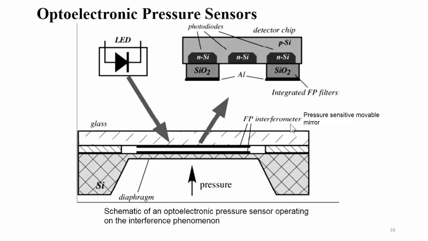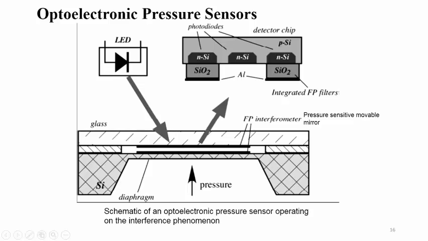In this diagram we can see at the bottom the assembly, which consists of the silicon diaphragm connected to the Fabry-Perot interferometer, also attached to the pressure sensitive movable mirror, and on top of this assembly you will find the glass.